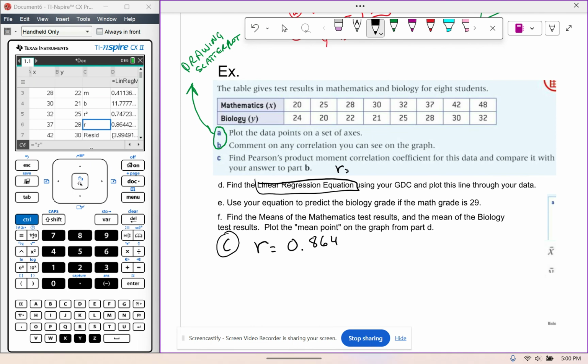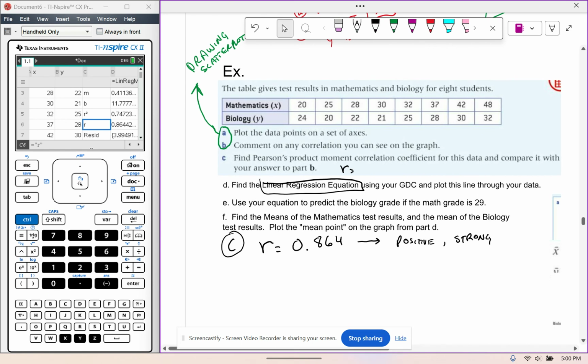We're not going to compare it, but what we want to point out is, notice there's no negative sign, so this is positive. And anything above, I would say 0.75 is considered strong. So this is a positive, strong correlation.